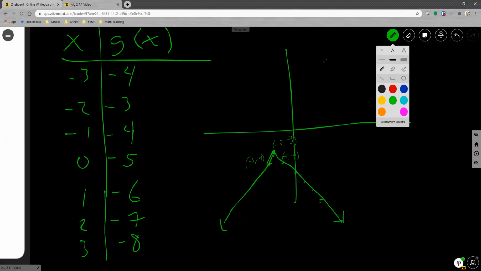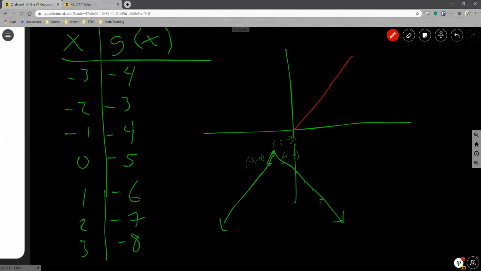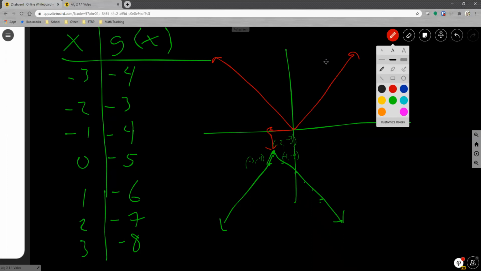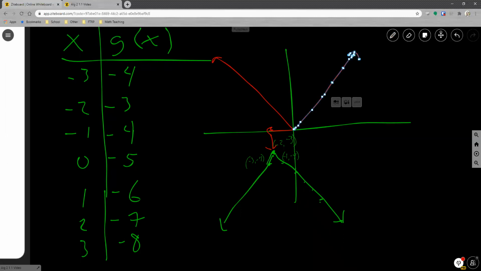So remember, let's compare this to the standard absolute value graph. So it looks like the point has been moved over a little bit. It's been moved down. And then the whole thing has been reflected. So it's like the whole graph got shifted and moved. Can I pick this up? Let's see. Might be able to pick this up.